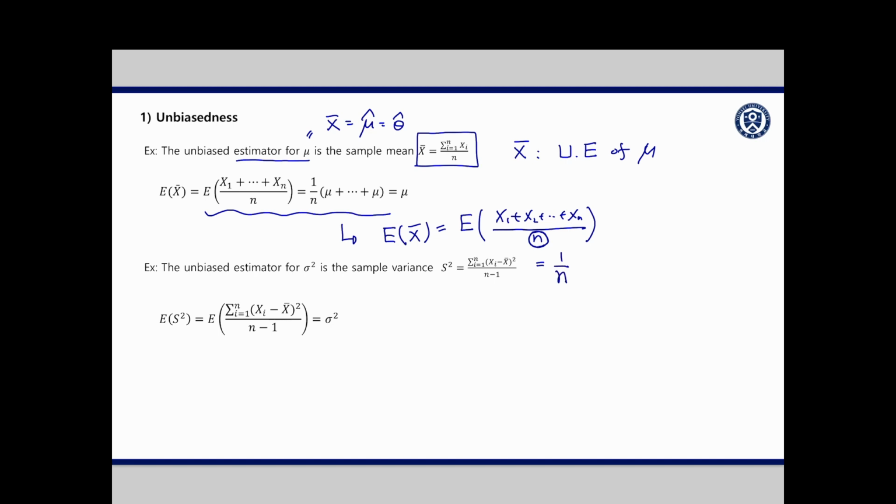So using the property of expectation, we can write this.